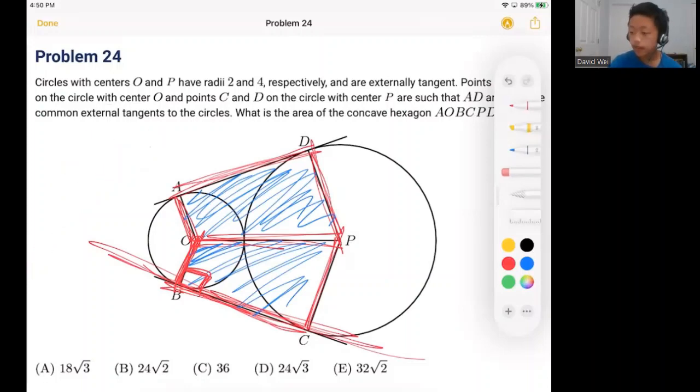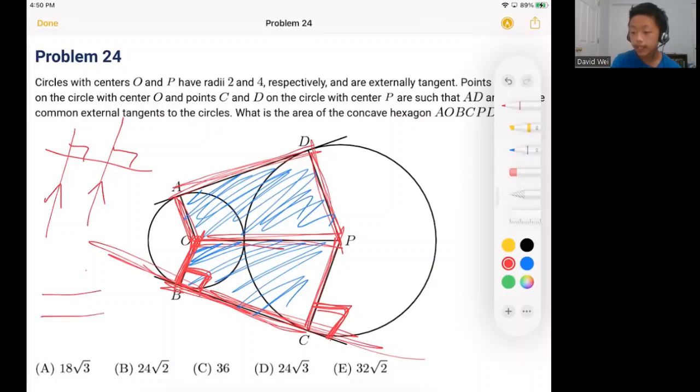Then similarly, this angle here is also 90 degrees. Remember that if we have two lines that are perpendicular to the same line, then they must be parallel. This is a general fact: if you have two parallel lines and a line crossing them, then these two angles are always equal, by parallel lines.